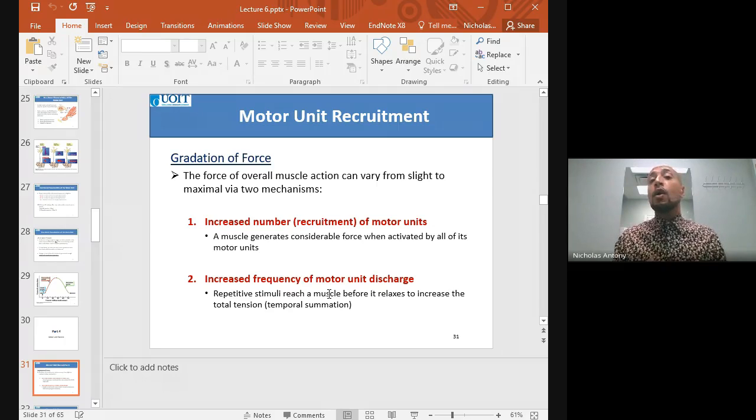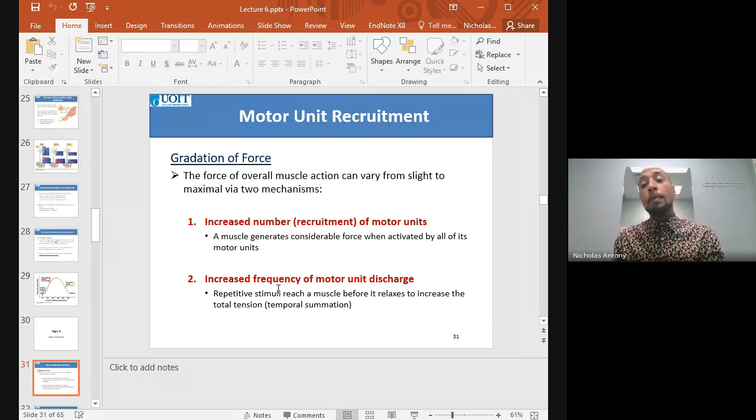If you've activated all of the motor units, you can still increase the amount of force that the muscle can generate by increasing the frequency of motor unit discharge. Just like the summation of the local potentials, you have a stepwise addition, or summation, of the force of the muscle fibers contracting.